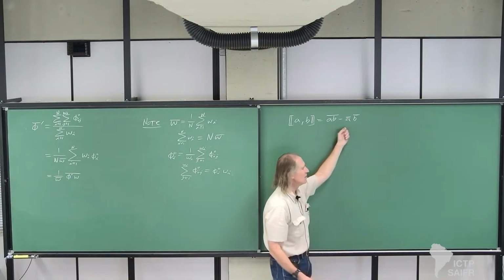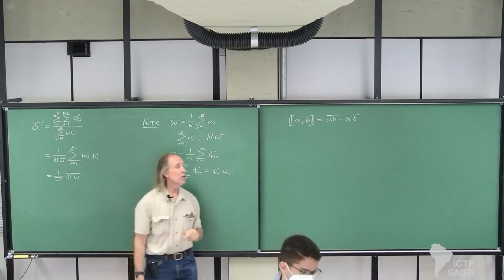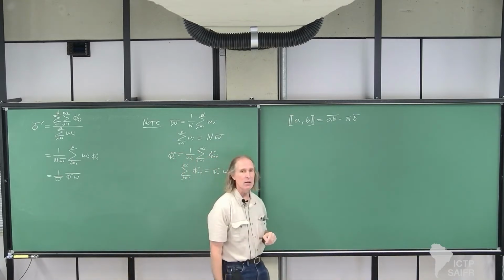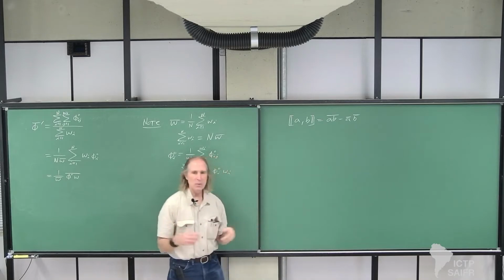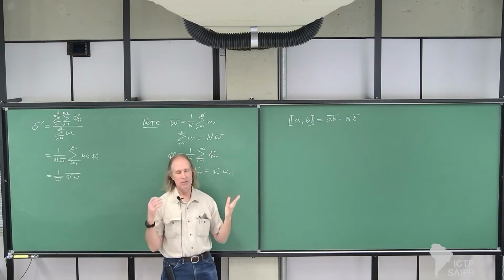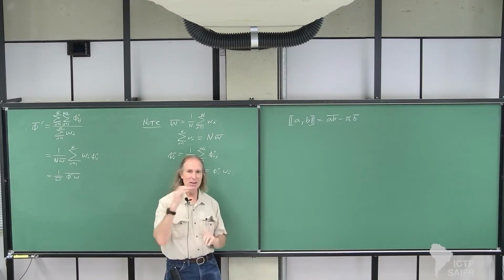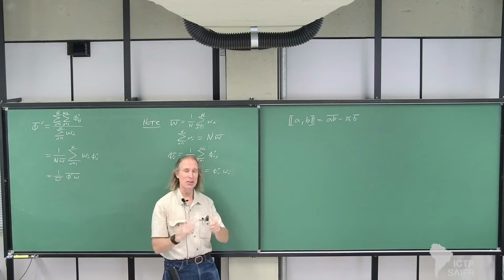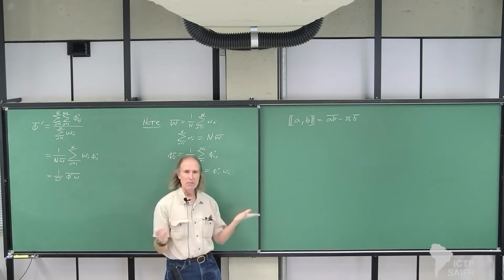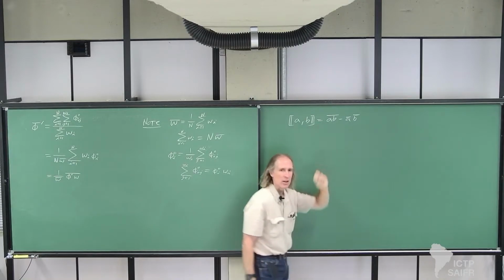If you've not seen that before, ask me after class and I can show you how to derive it. It's easy to derive. Or if you want to go home and try it for yourself, I'll give you hints. If you remember it, good. Definitely be aware of this. We're going to use it a lot.